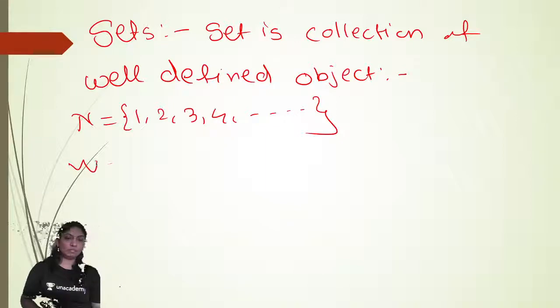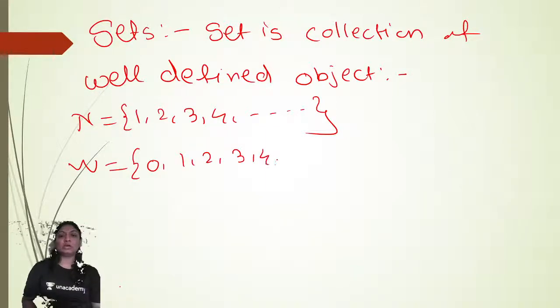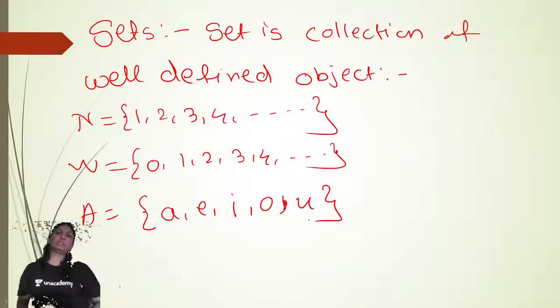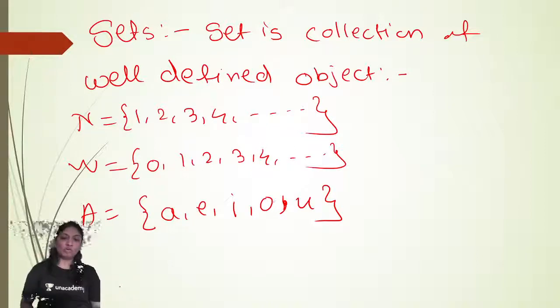The set of whole numbers is again a collection of well-defined objects. Or the set of vowels in the English alphabet, A, E, I, O, U, is also a well-defined collection of objects. It means the collection of all the vowels from the English alphabet.